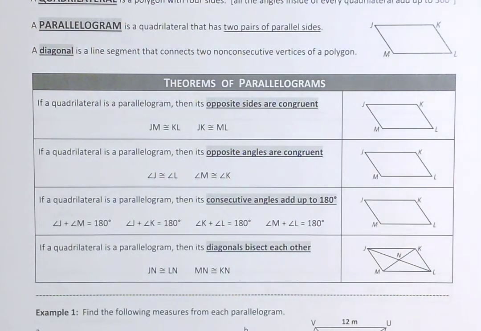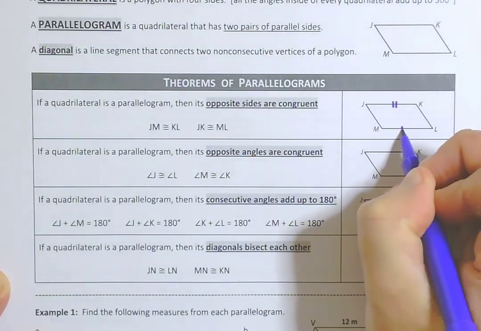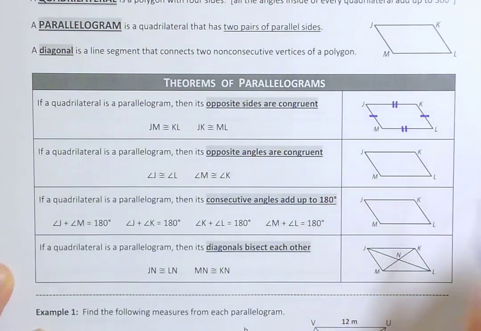That means the top is the same measure as the bottom, and the left is the same measure as the right. They have the same measure. That is our first property today. That's very similar to rectangles, where opposite sides are equal.